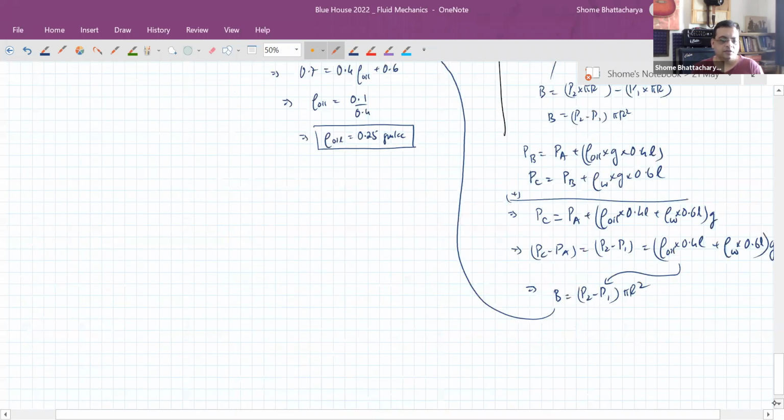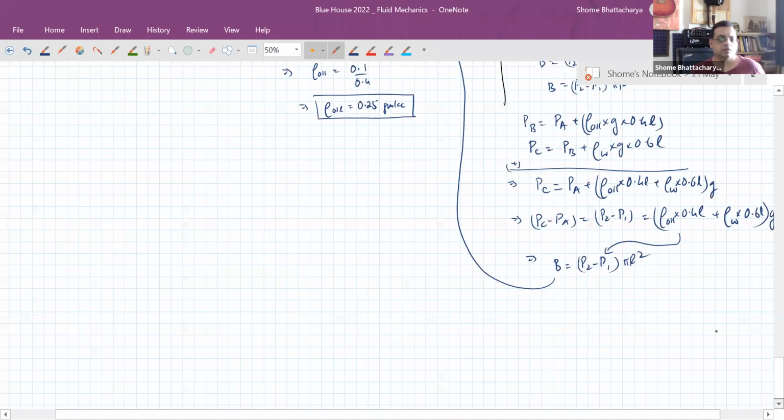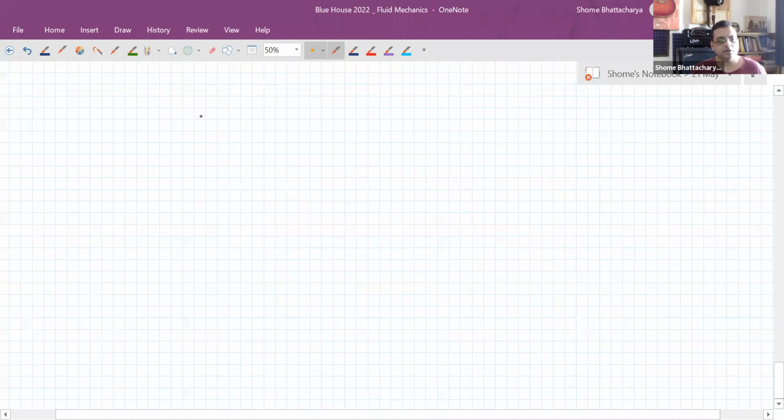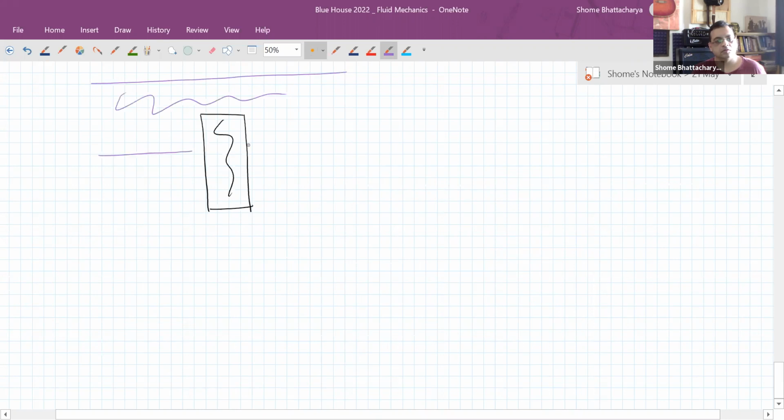So now that we have this, let's understand this part. So this depth is 0.8 L, whereas this part is 0.4 L, this part is 0.6 L.